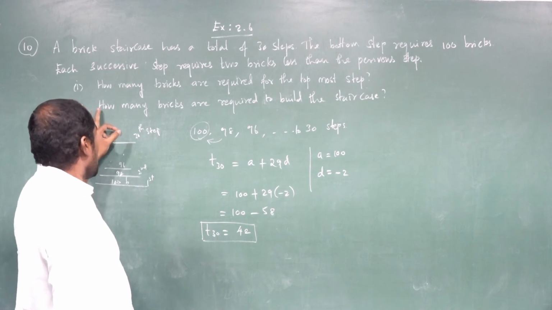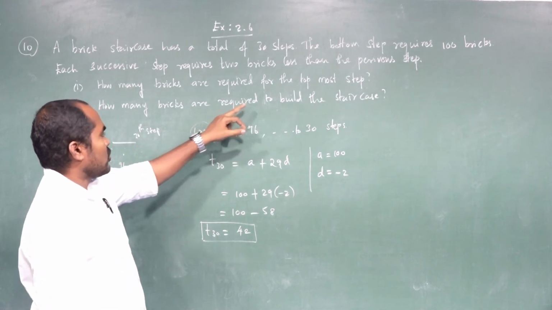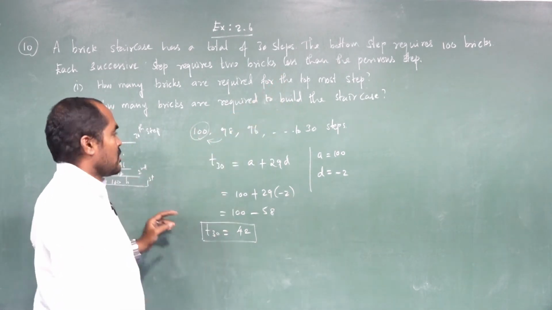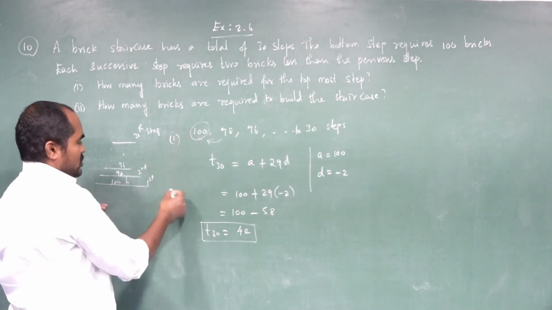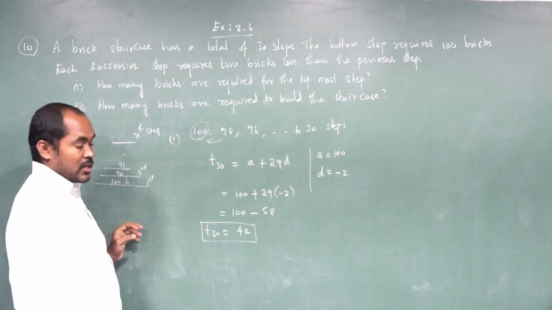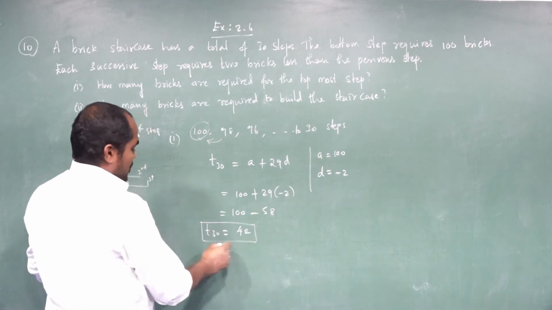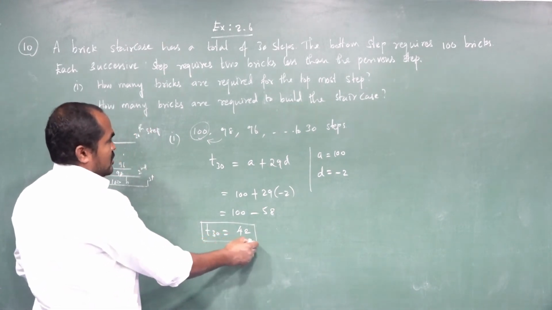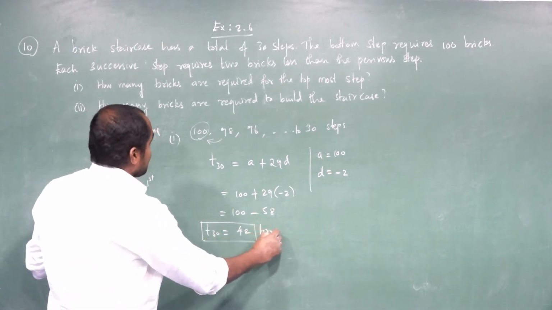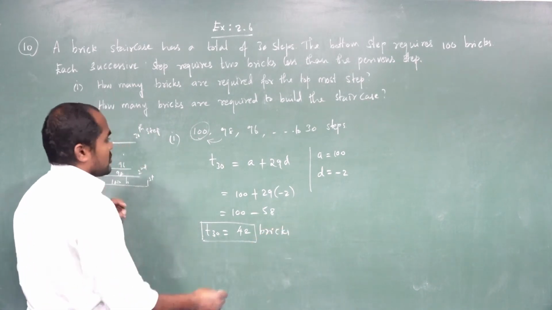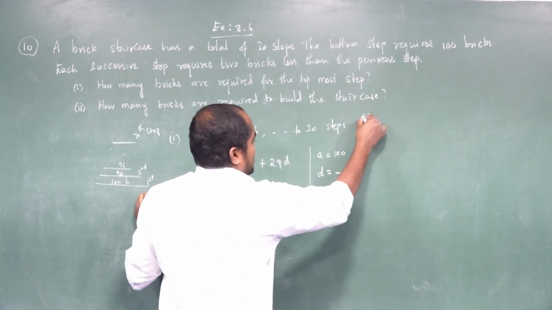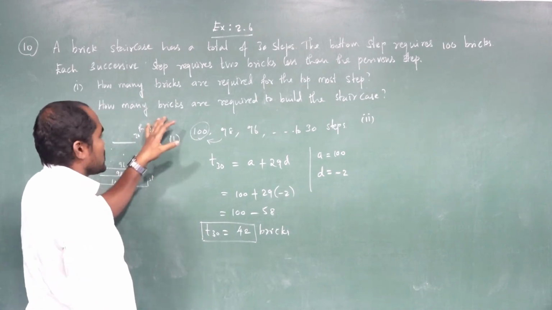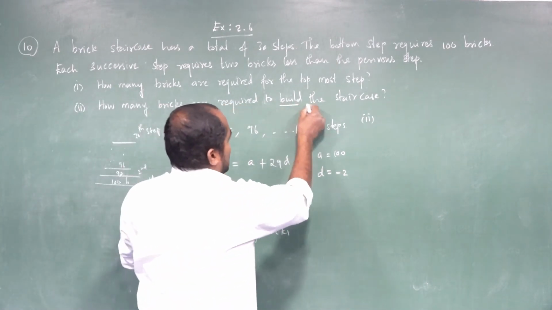So the number of bricks in the last step, that is the 30th step, is 42. So our first question answer is 42 bricks. The 30th row contains 42 bricks. Right? Next, second question: how many bricks are required to build the staircase?